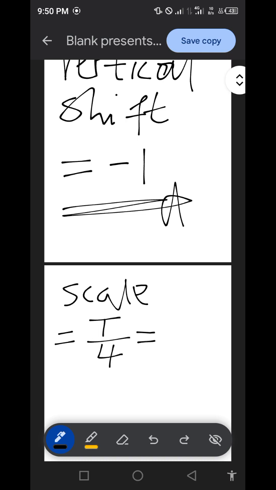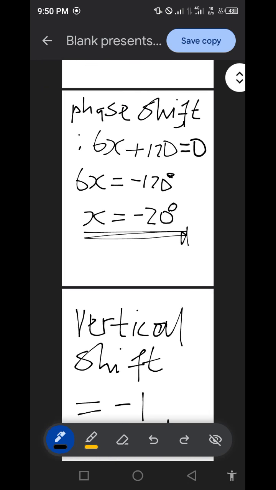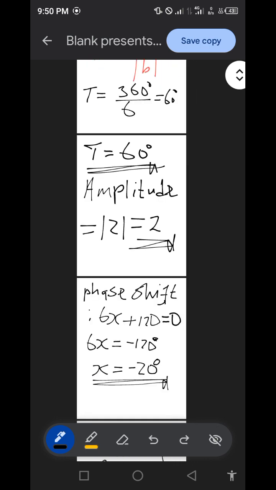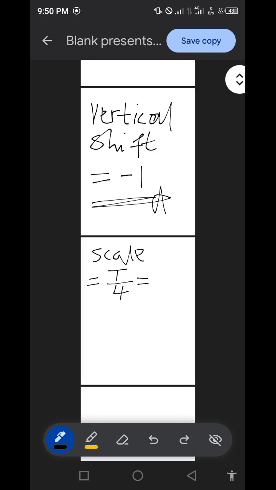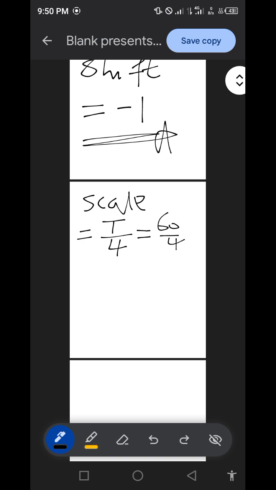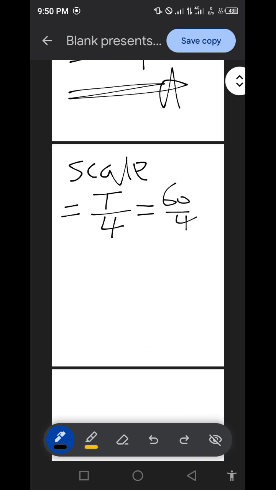Now remember our period is 60. So that means we are getting 60 divided by 4, which is equal to 15 degrees. So this is in degrees, the scale.